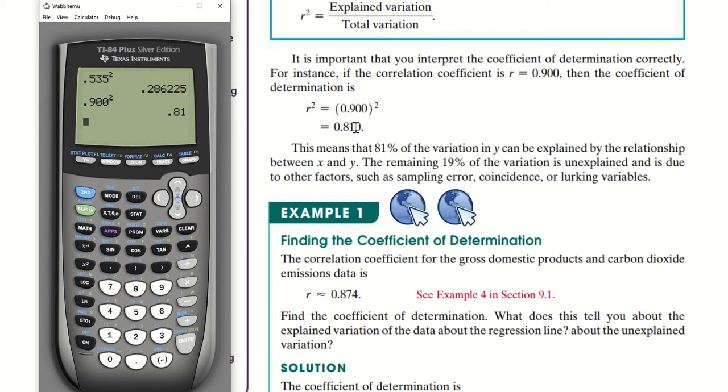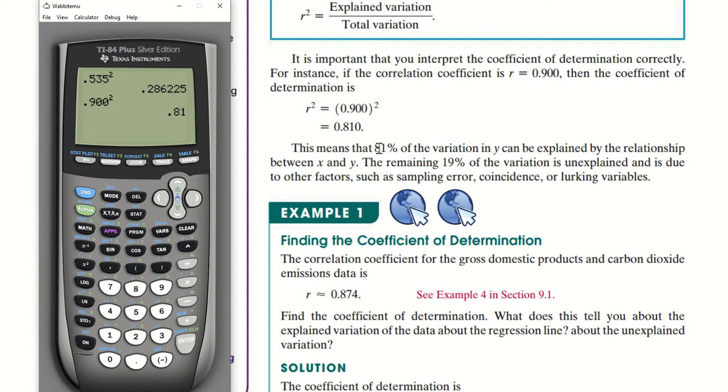Again, at the end of the day, we always want to ask the question, what does this mean? Well, we would change this decimal to a percent, and we would claim that 81% of the variation in Y can be explained by the relationship between X and Y. So 81% of the variation in the Y variable is explained by its relation with the X variable.